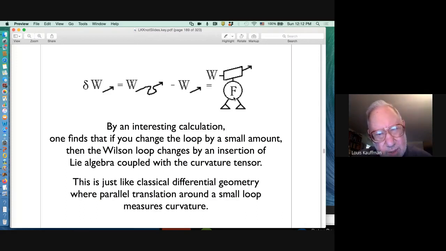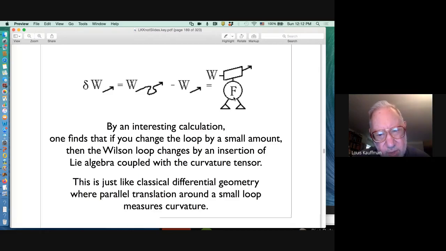While we know that the Wilson line is not an invariant, it will vary according to the curvature of the field, which means that when you push it around, it depends on how the field strengths are at that particular place in space. If the field had zero curvature, then you would be getting some topological invariance, and that's important, but we're not going to discuss that end of things.